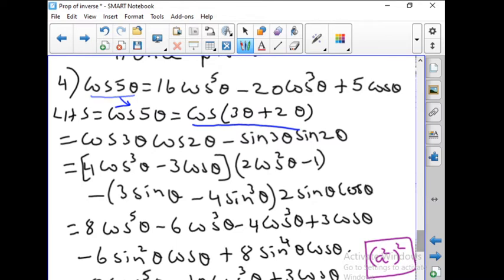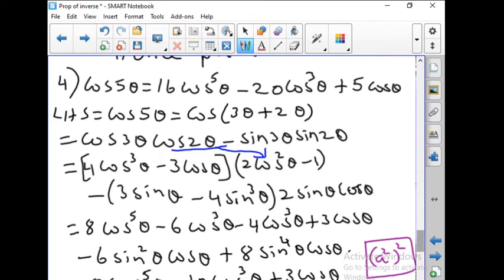So it is of the form cos A plus B. Cos A plus B is cos A cos B minus sin A sin B. So we get cos 3 theta into cos 2 theta minus sin 3 theta into sin 2 theta. So now cos 3 theta, use the triple angle identity: 4 cos cube theta minus 3 cos theta. And cos 2 theta, use double angle identity: 2 cos square theta minus 1.